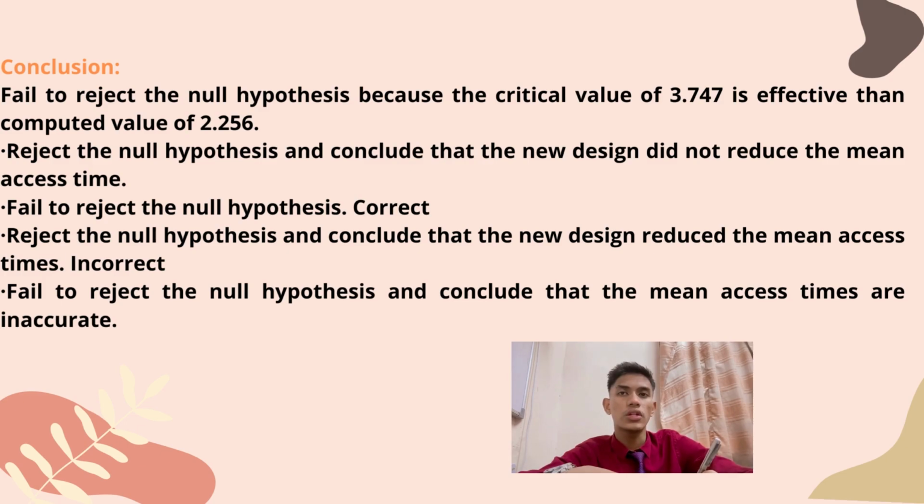Fail to reject the null hypothesis. Correct. Reject the null hypothesis and conclude that the new design reduced the mean access time. Incorrect. Fail to reject the null hypothesis and conclude that the mean access times are inaccurate.